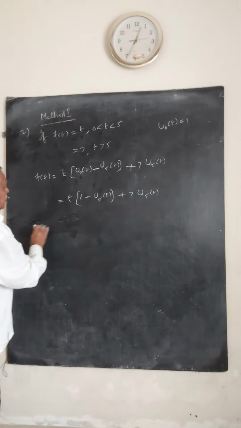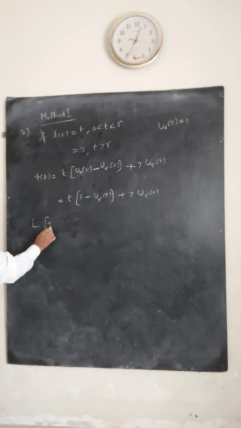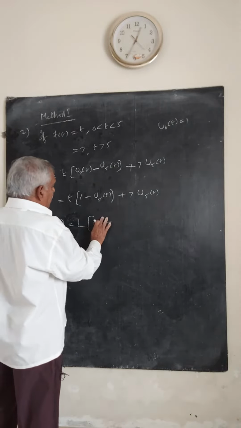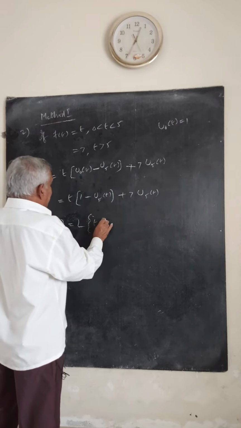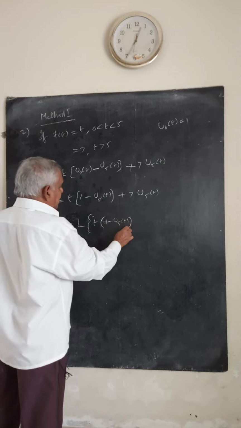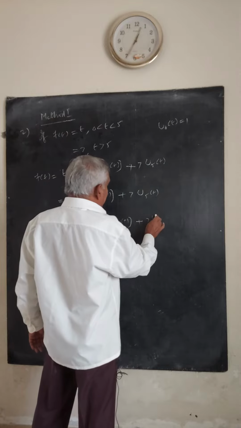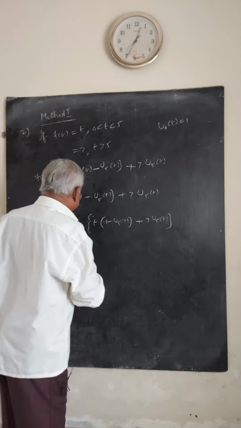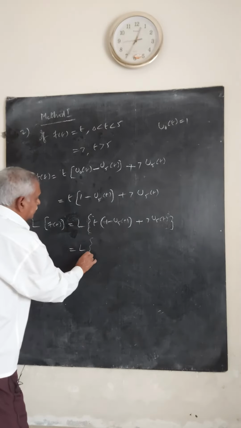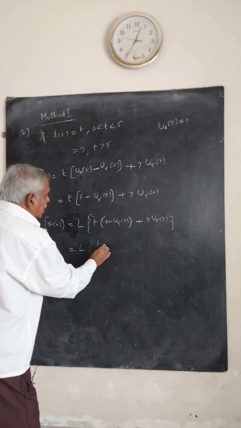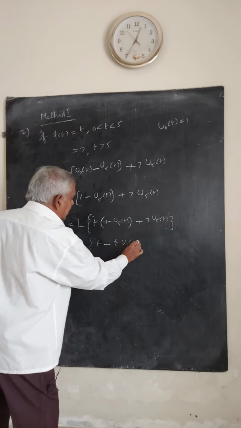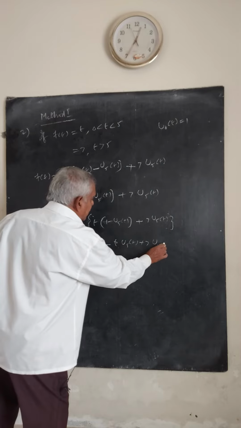Taking Laplace transform on both sides, L of f of t equal to L of t into 1 minus u 5 t, plus 7 of u 5 t, equal to L of t minus t of u 5 t plus 7 of u 5 t.